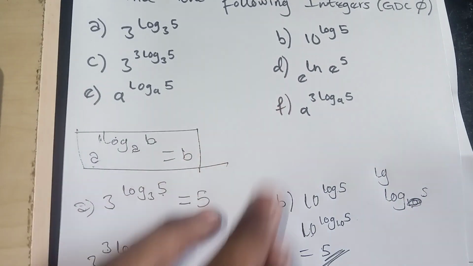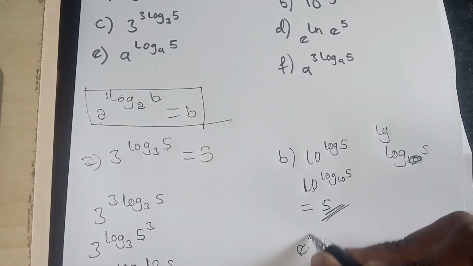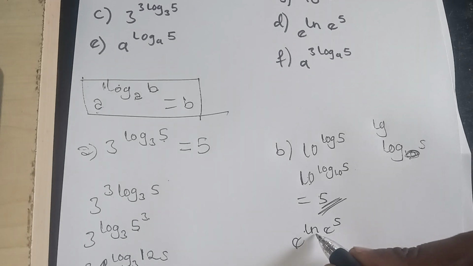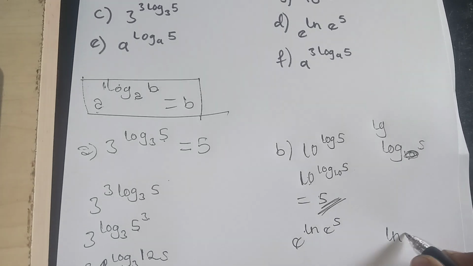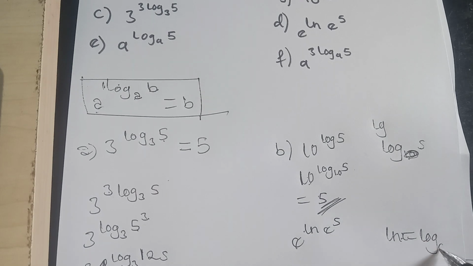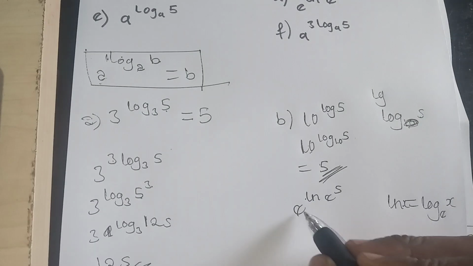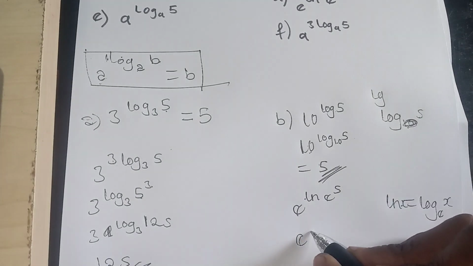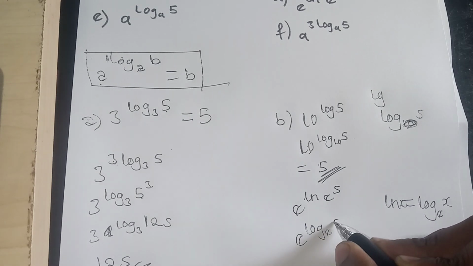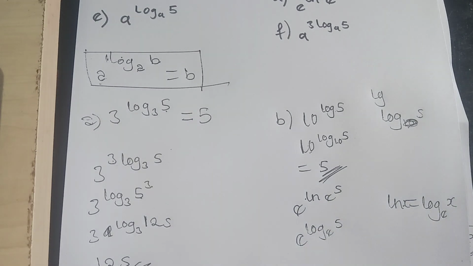Then part D, we have e to the power natural log e of 5. Every time you see natural log, just think of it as log with a base e of x. So in other words, this is log e of 5.